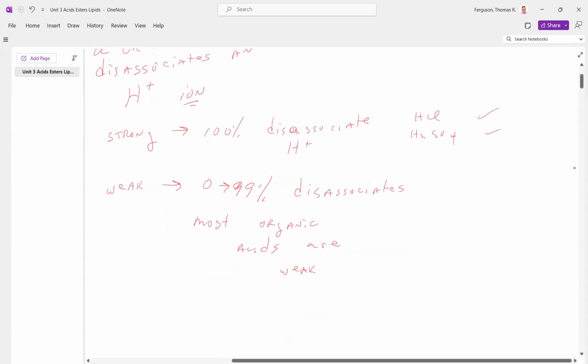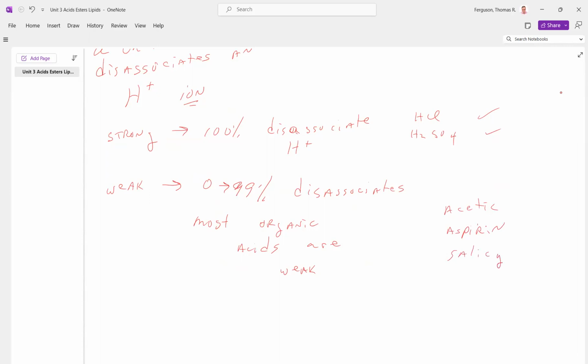An example of that would be acetic acid, aspirin, salicylic acid. There's just bunches and bunches and bunches. And then there are the fatty acids.